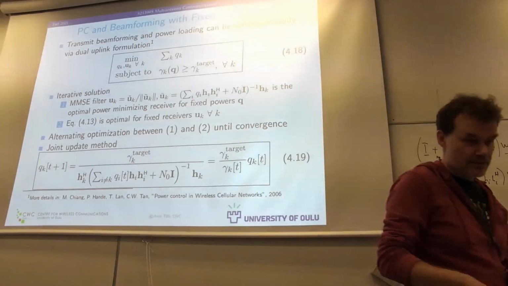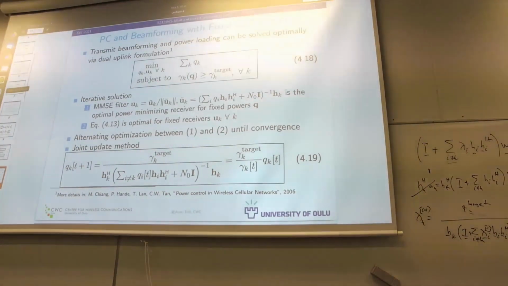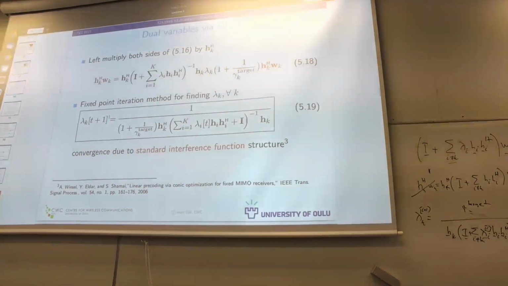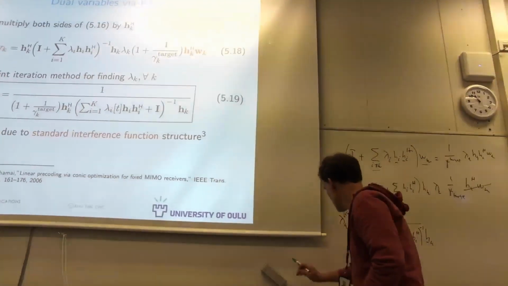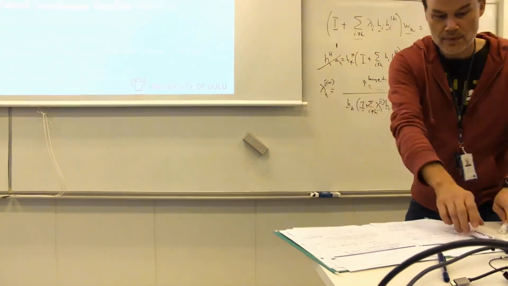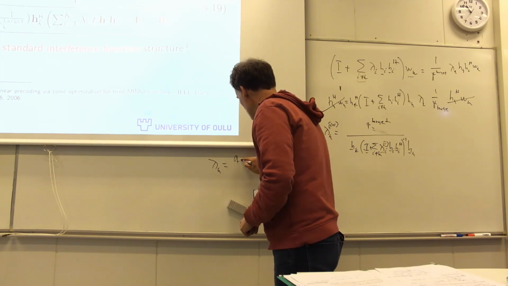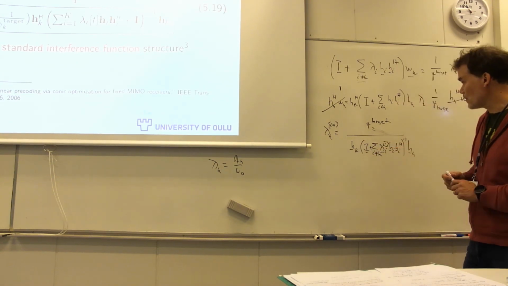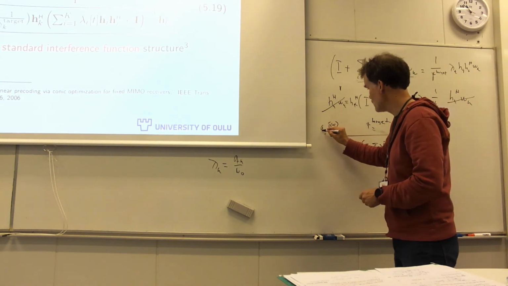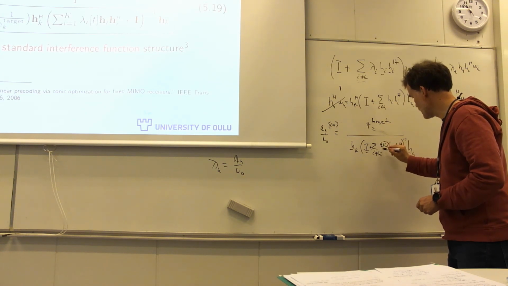The similar interpretation can be done for this Lagrange duality formulation. Here, now we can see that if we now assign lambda k to be qk over n0, we plug in qk over n0 here, qk over n0 here, and then qi over n0 here.